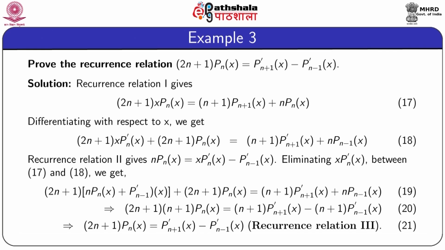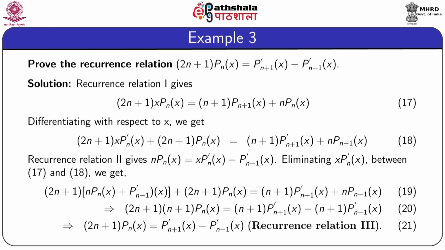Now, we differentiate recurrence relation 1 with respect to x, and we get 2n plus 1 x p n x plus 2n plus 1 p n x is equal to n plus 1 p dash n plus 1 x plus n into p n minus 1, given by equation number 18.